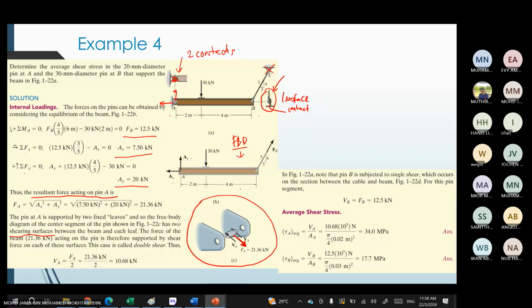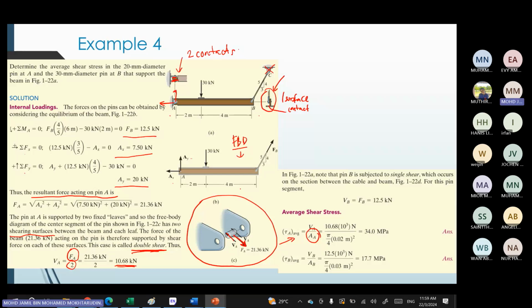We call this case double shear. So force FA divided by 2 to get only one component of the force, VA. Then from there you divide it by the area of the circle of the pin.